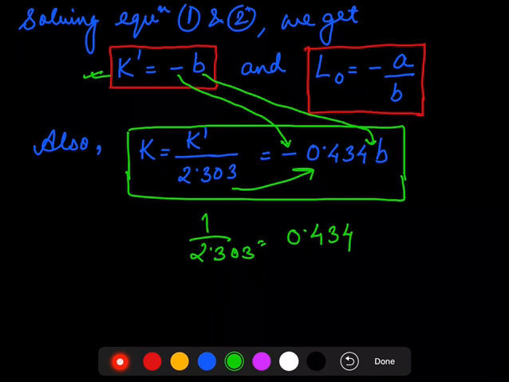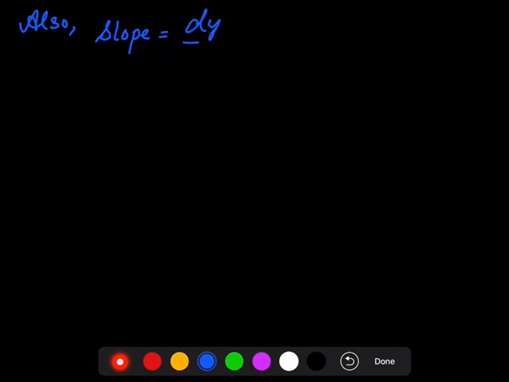Alright, moving on. Also, slope equals to dy by dt, differentiate y with respect to time.